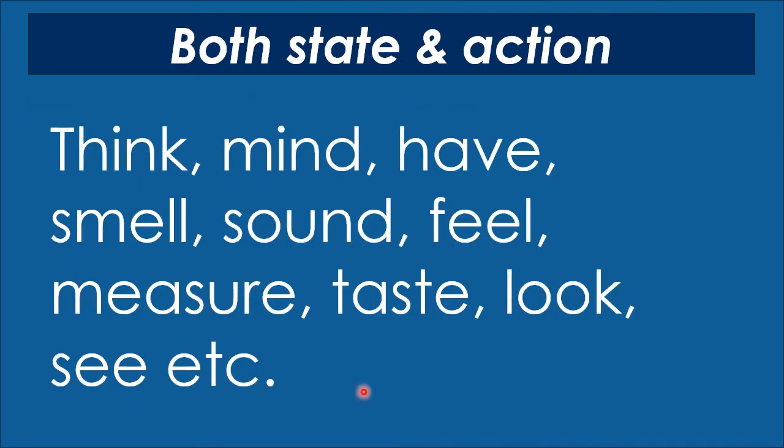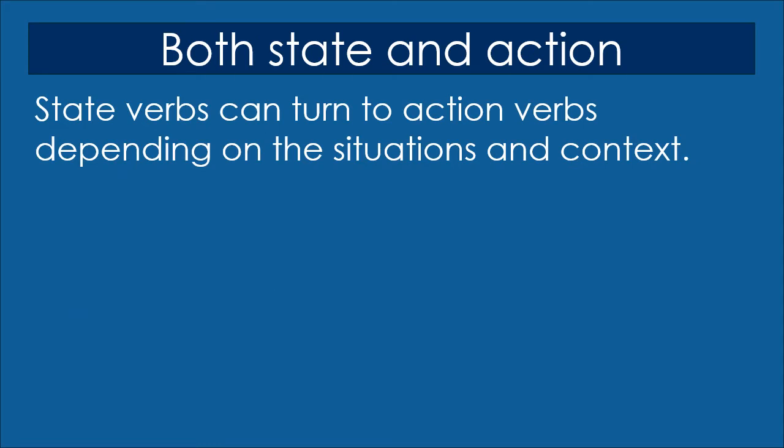There are some verbs that are both state and action verbs. They are think, mind, have, smell, sound, feel, measure, taste, look, etc. You can use the verbs as state verbs and also as action verbs depending on the situation.